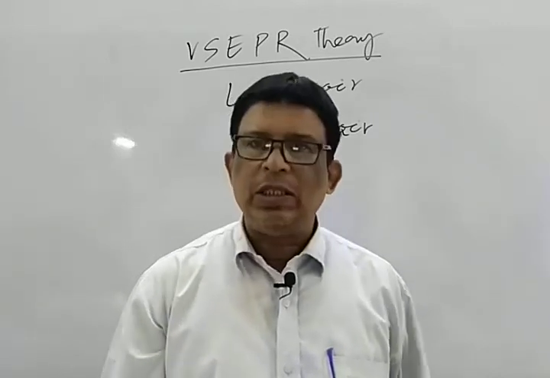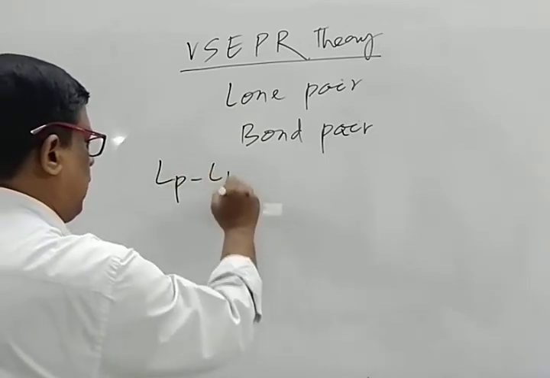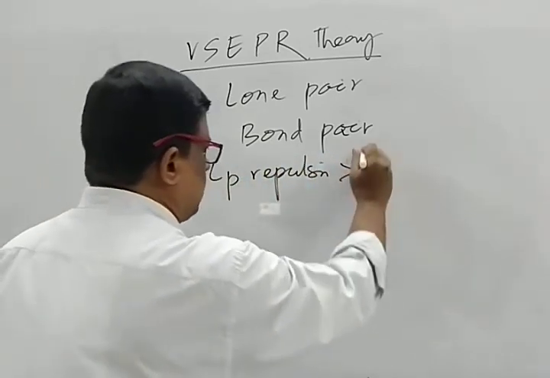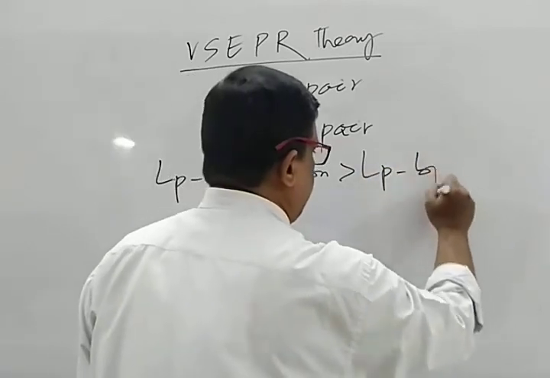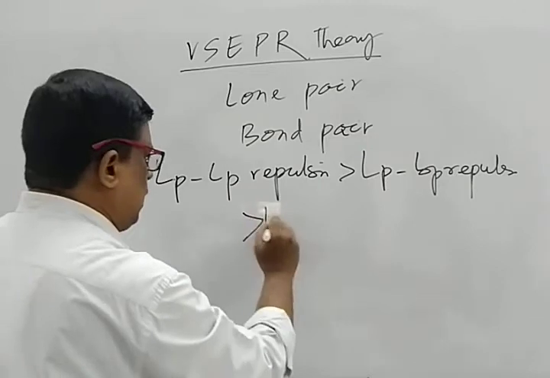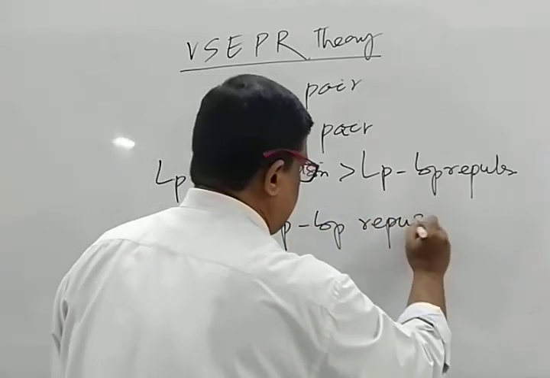So according to this theory, lone pair-lone pair repulsion is greater than lone pair-bond pair repulsion, which is greater than bond pair-bond pair repulsion.